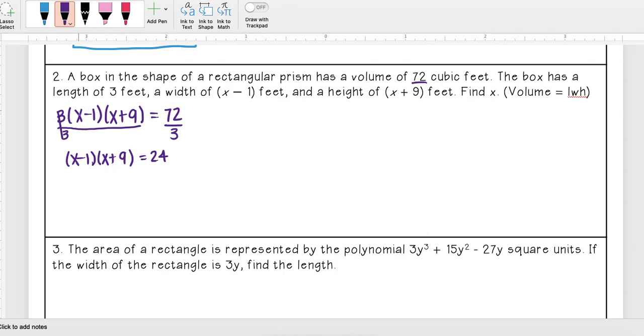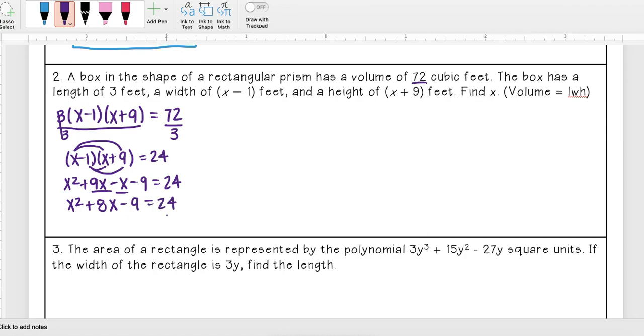But in order for that to be helpful, I need to actually multiply out these binomials. So I'm going to do x times x, get x squared. x times 9, I get 9x. Negative 1 times x, and I get negative x. Negative 1 times 9, I get negative 9. Combine my like terms, and I have x squared plus 8x minus 9 is equal to 24.